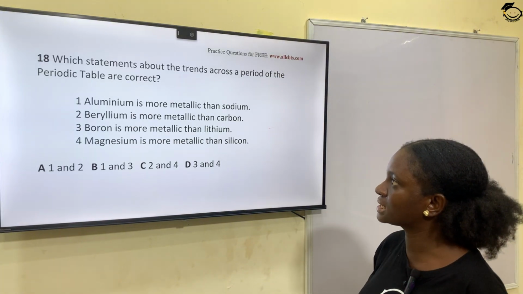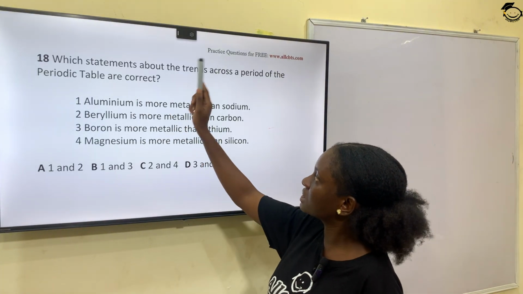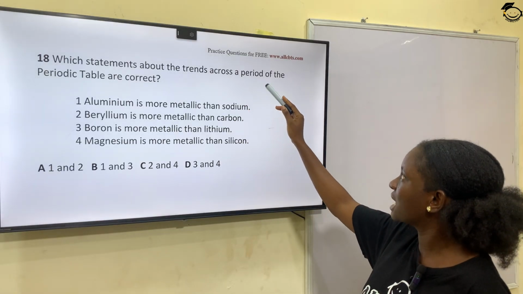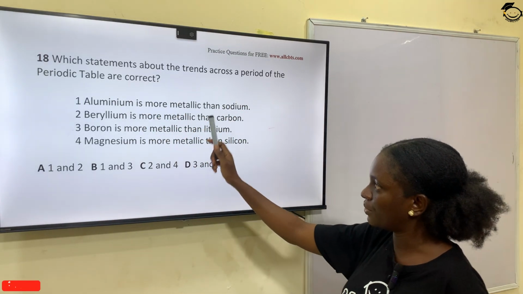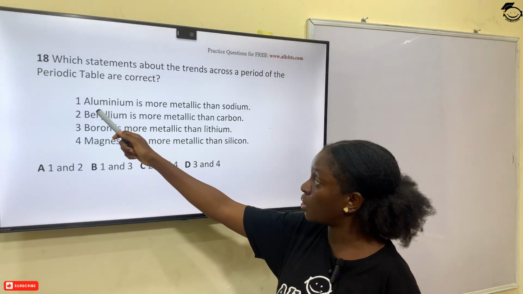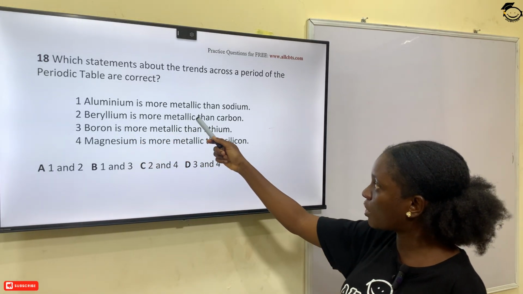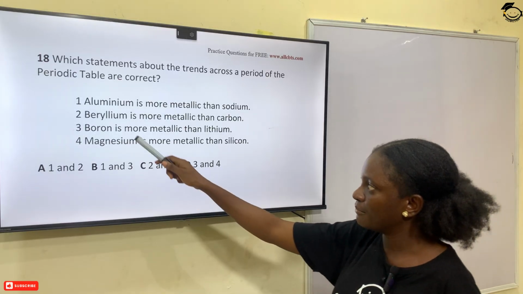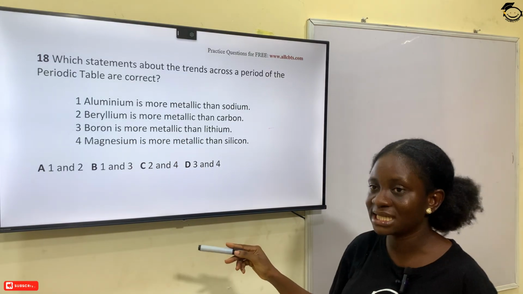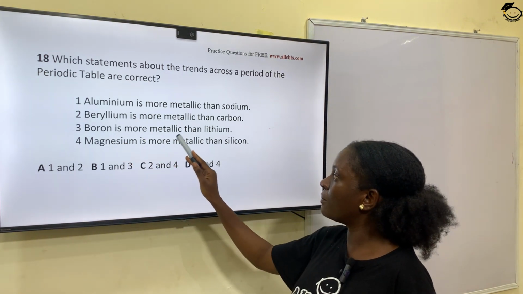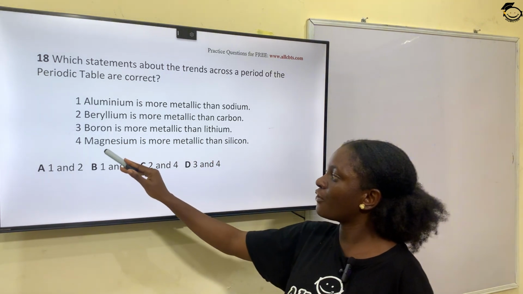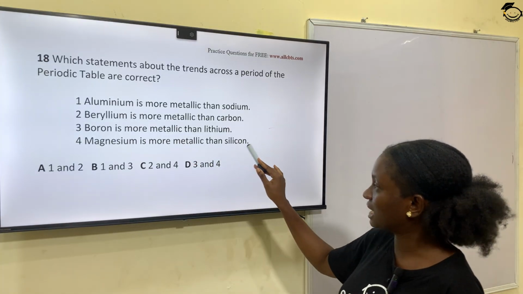Question 18. Which statements about trends across a period of the periodic table are correct? 1. Aluminium is more metallic than sodium. 2. Beryllium is more metallic than carbon. 3. Boron is more metallic than lithium. 4. Magnesium is more metallic than silicon.